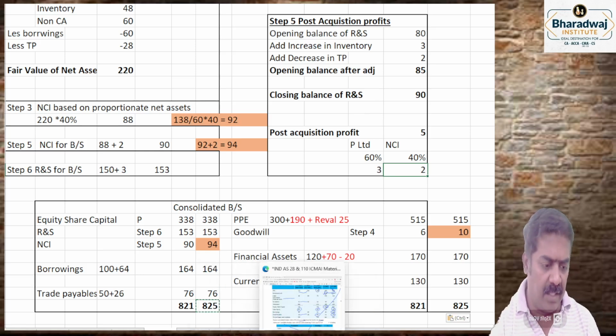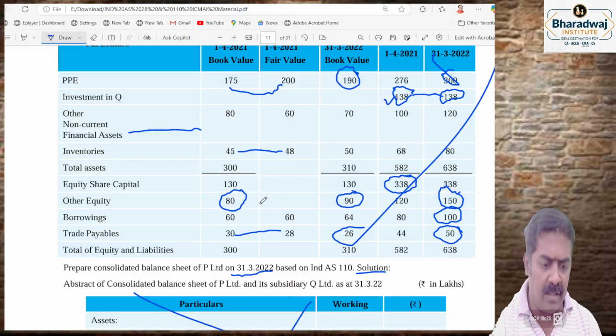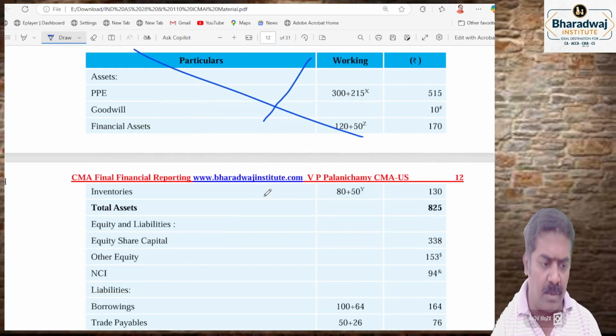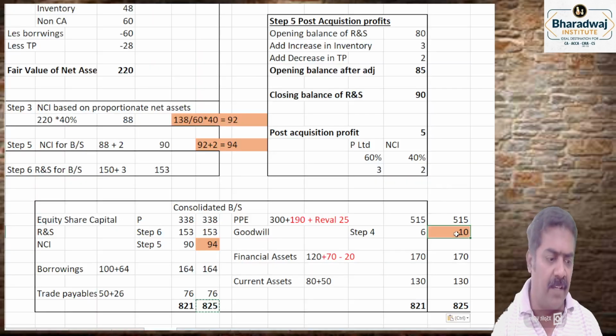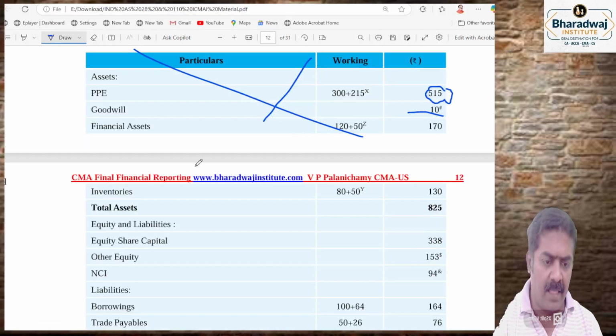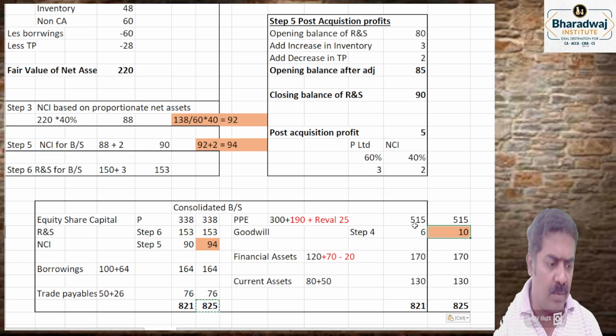You can check the answer also. 1 minute, let me check. For example, this is a solution given. PPE 515. Yes, 515. Goodwill. How it is 10? They followed which method? Fair value method. That's why 10. Then inventories 130. Inventories 130.